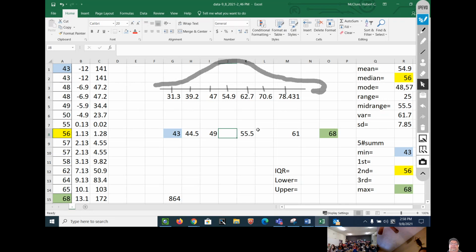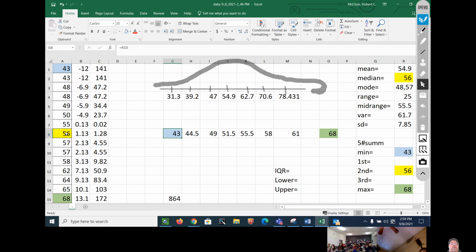And this would be 51 and a half or something like that. And this would be what? 55 to 61. Half of that would be 58. Something like that. And that is what your box plot would be.